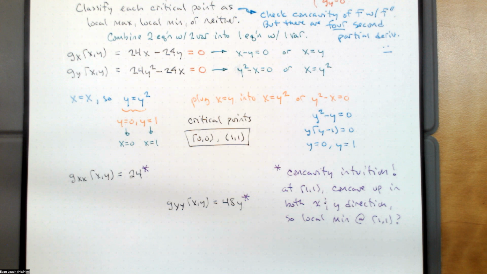At 0, 0, we get concave up in the x direction, but flat in the y direction. Yeah, that's not helping. We get 0 in the y direction.